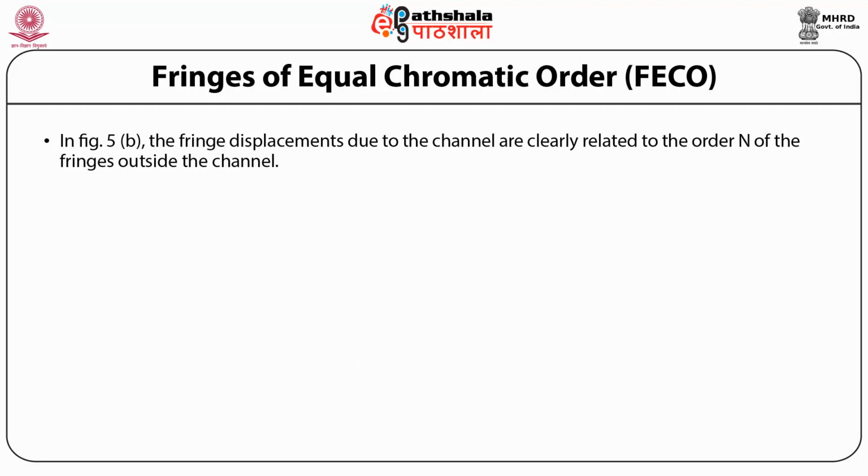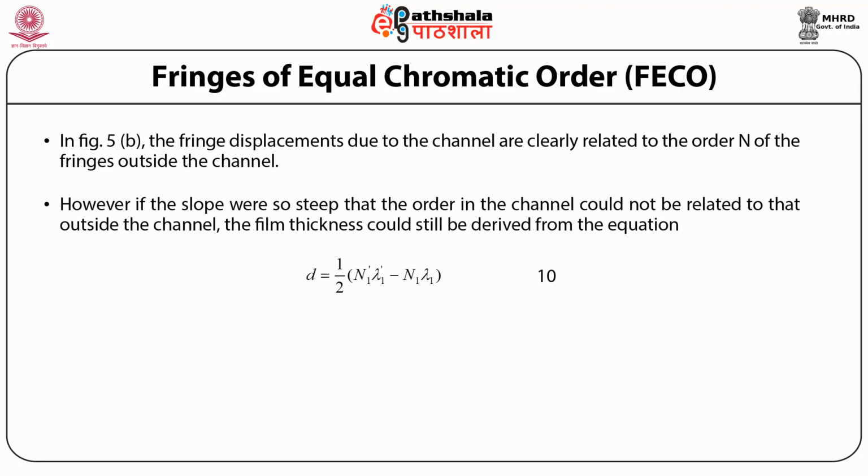From figure 5b, the fringe displacements due to the channel are clearly related to the order n of the fringes outside the channel. However, if the slope were so steep that the order in the channel could not be related to that outside the channel, the film thickness could still be derived from the equation given below.